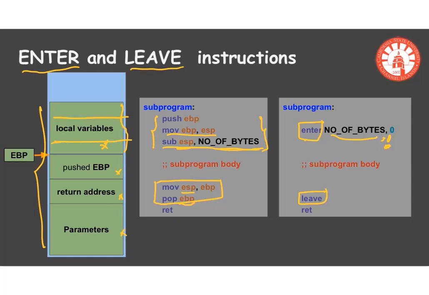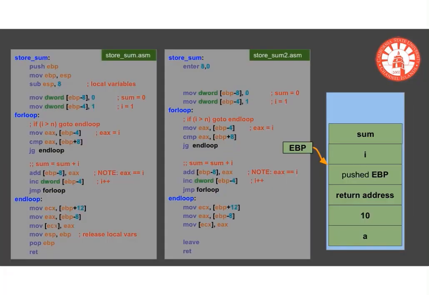Therefore, using these two commands, enter and leave, that we have in our template file before, we have a shorter assembly program. Incorporating leave and enter in our functions, you will see we end up with fewer lines on the right hand side than the left hand side implementation of the store and sum commands.